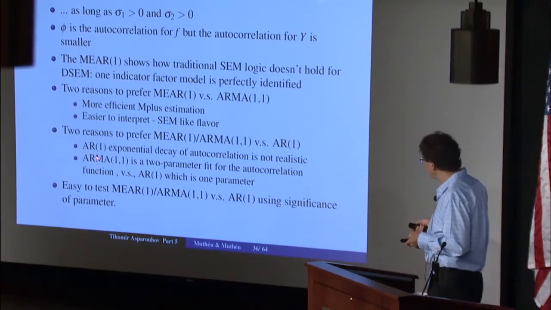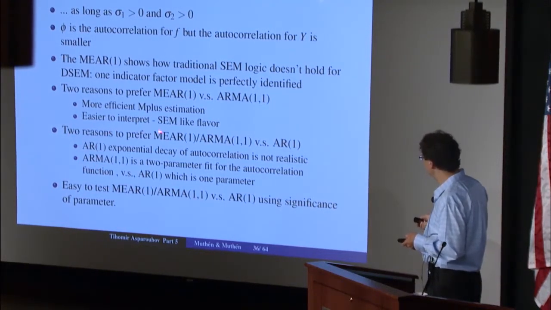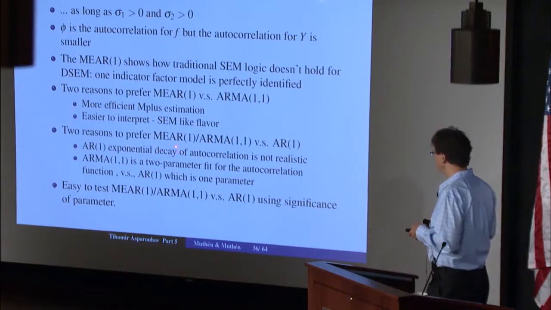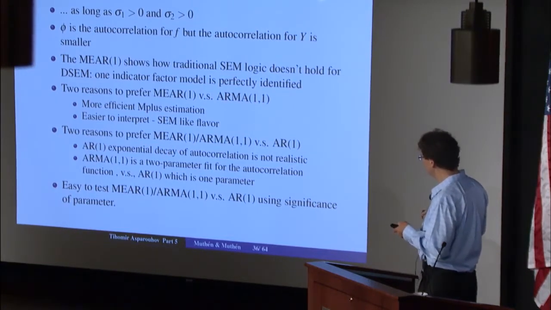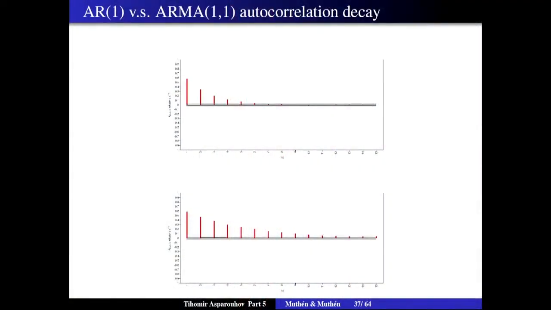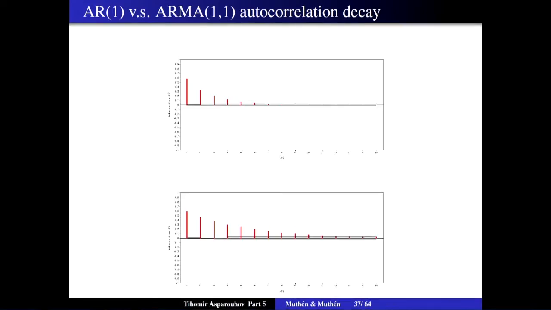There are 2 reasons to prefer the MEAR1 model against the AR1 model. The MEAR model is more flexible. The AR1 model has an exponential decay of the autocorrelation. Here's an example: the autocorrelation function for the AR1 model goes very rapidly down, and so it's somewhat unrealistic.